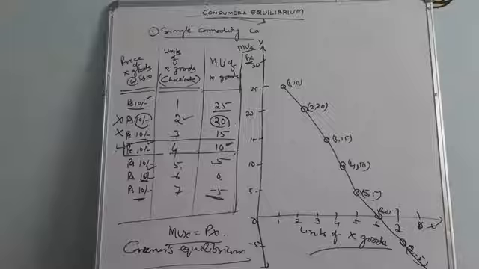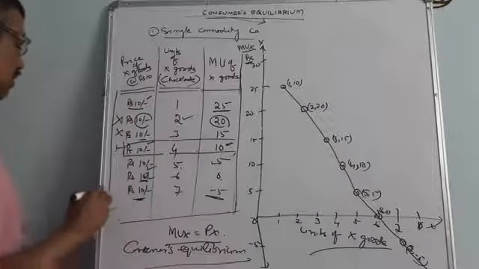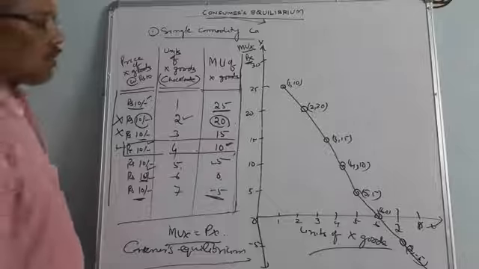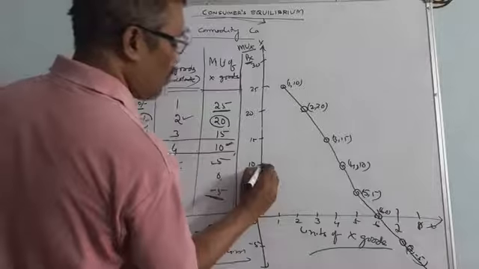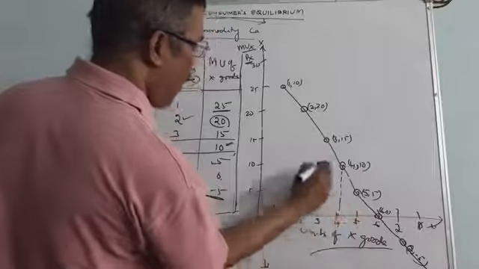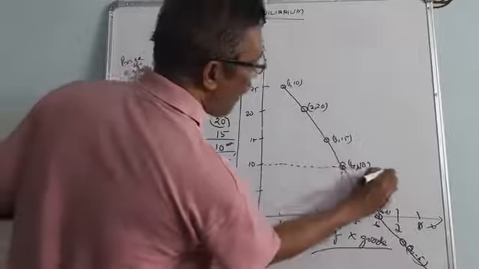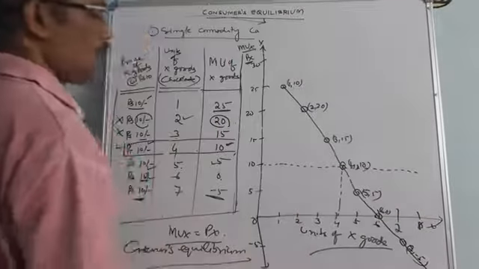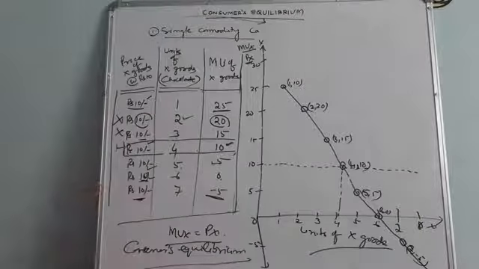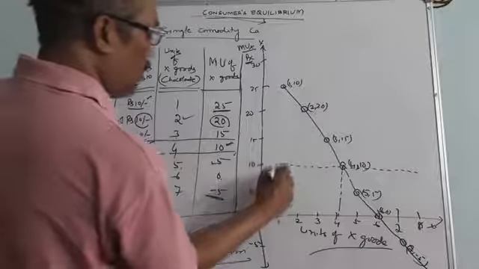Now, the price of each and every unit is 10, and the price will remain the same however many commodities he consumes. For each commodity, you are paying 10 rupees.